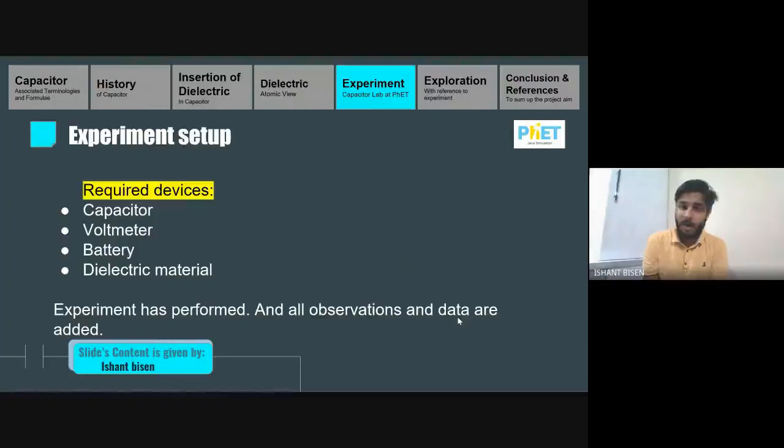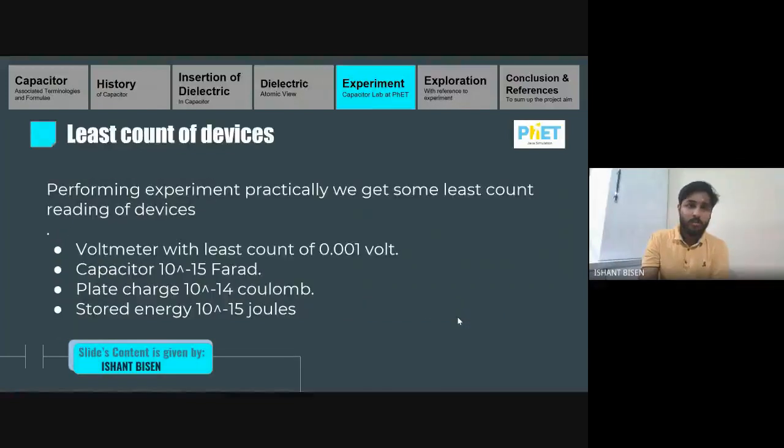The experiment was performed by every member of our group, and all observations and data are attached. The least counts of the devices: the voltmeter has 0.01 volt, the capacitor 10 to the power minus 15 farad, the plate charge 10 to the power minus 14 coulomb, and the stored energy 10 to the power minus 15 joule.